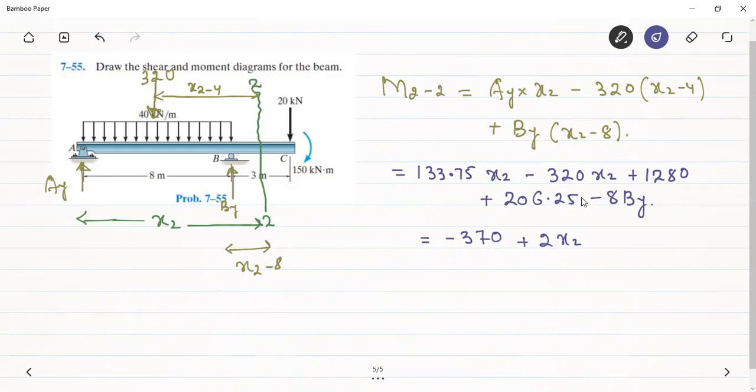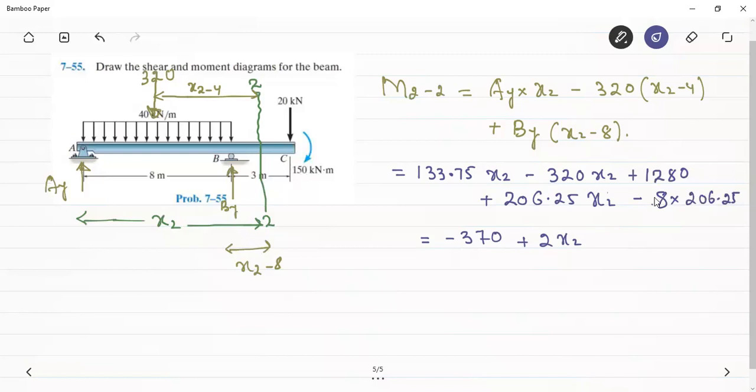In fact, we will have an x2 here, BY into x2, therefore 206.25 into x2 minus 8 BY, that will be equal to 8 into BY is equal to 206.25.